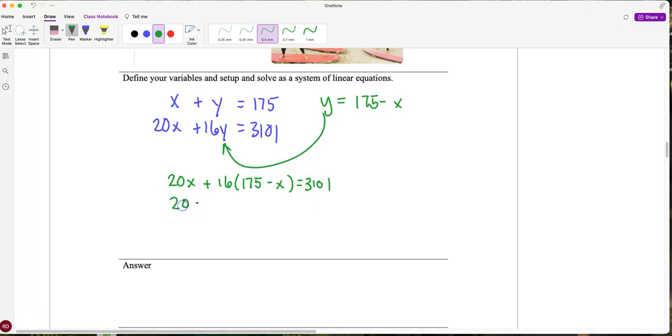So 20x plus 16 times 175 is 2,800. 2,800 minus 16x is 31.01. So I get 4x equals 301. Is that right?